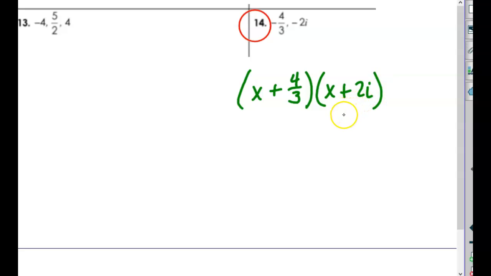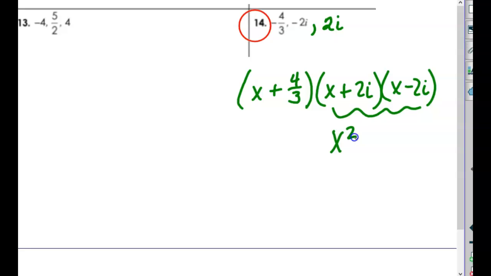Are we done? If negative 2i is a 0, what else has to be a 0? So we have to have an x minus 2i. Okay, we have to FOIL those two together. So we get x squared minus 2ix plus 2ix is gone. At the back, we get a minus 4i squared. What happens to a minus 4i squared?